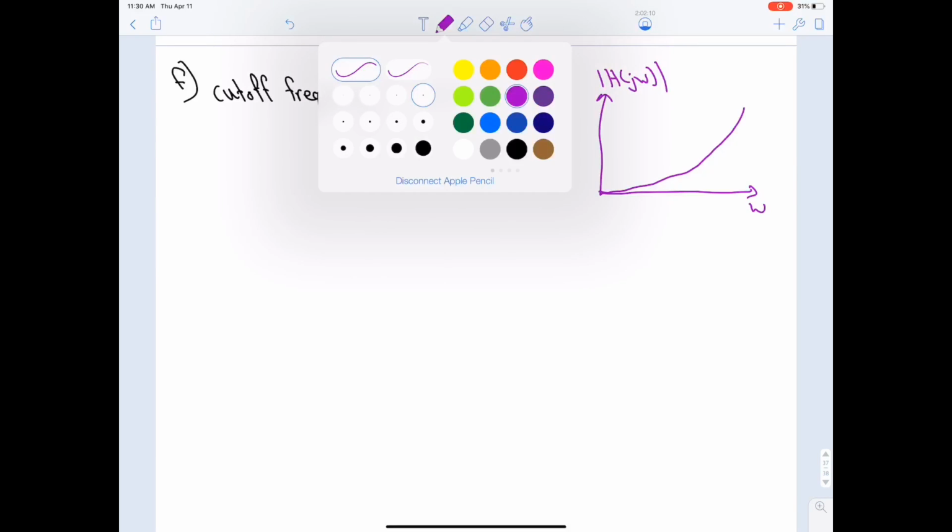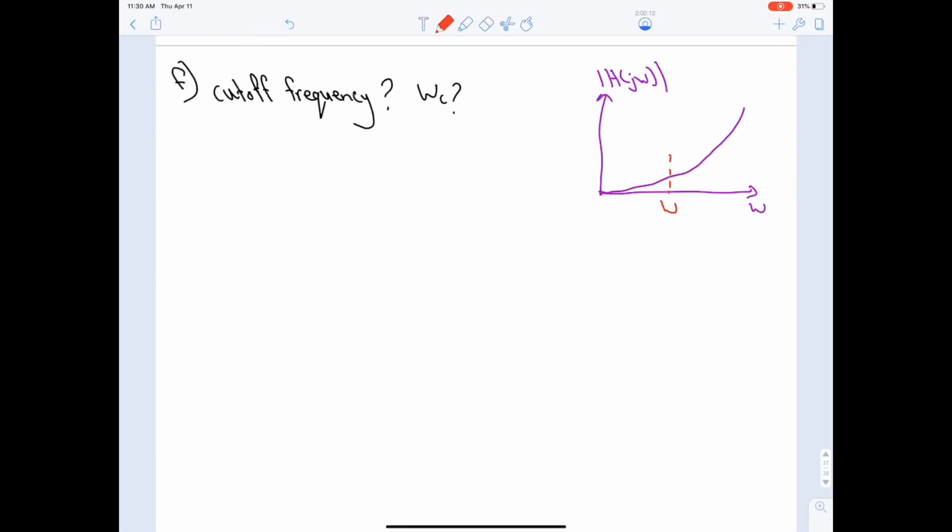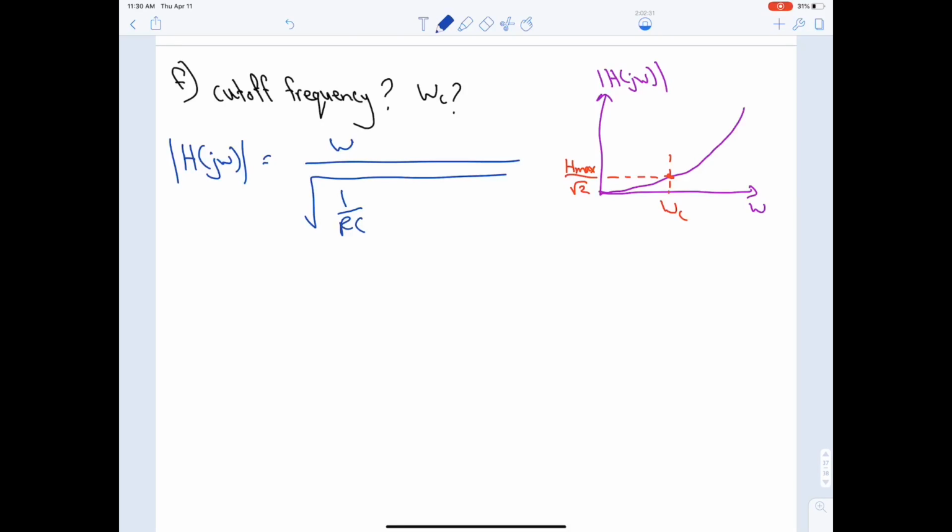We are looking for the x value, we are looking for omega c, so we need to substitute in the y value, which is H max divided by root 2, and H max is 1. Now, in order to solve for the cutoff frequency, we need the magnitude again, which is equal to omega divided by square root of 1 over RC squared plus omega squared.